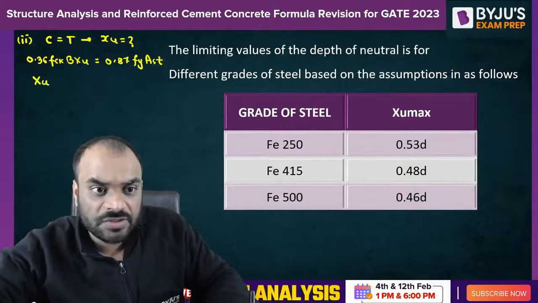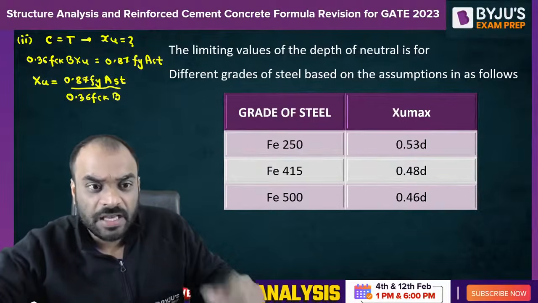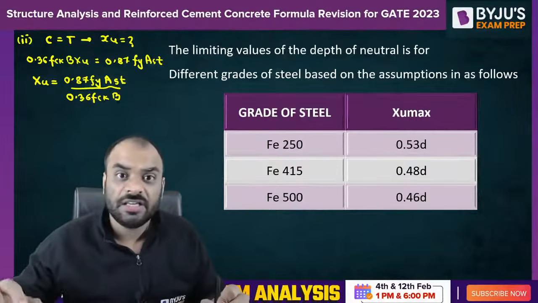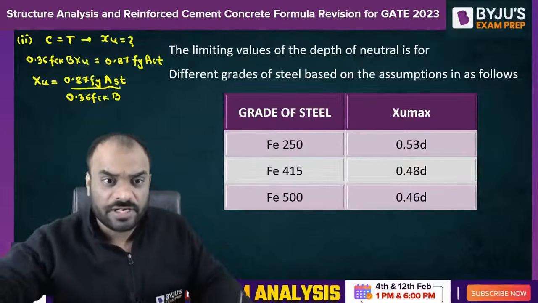So we can write XU is equal to 0.87 Fy into AST divided by 0.36 FCK B. And this is our formula to calculate the actual depth of neutral axis. Crystal clear? Very nice guys.